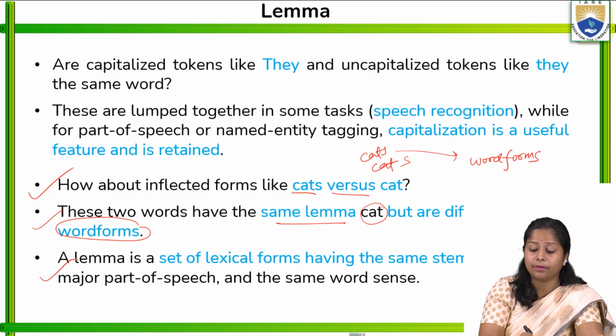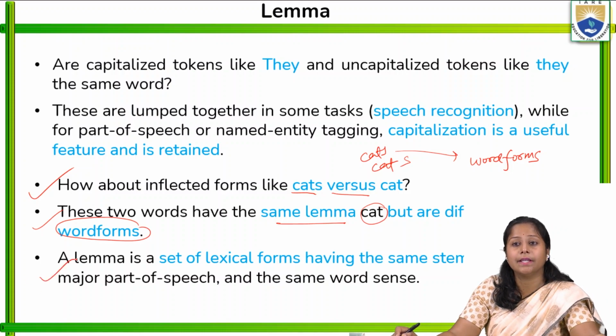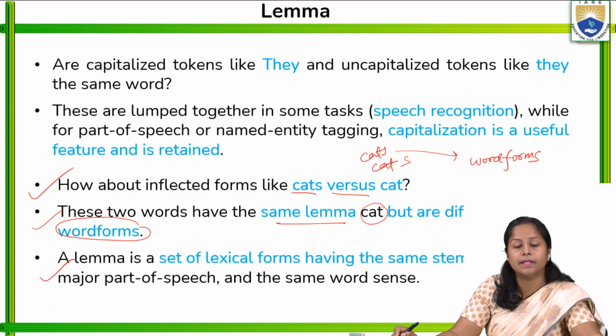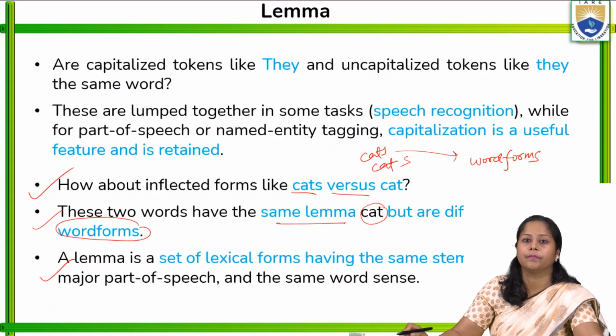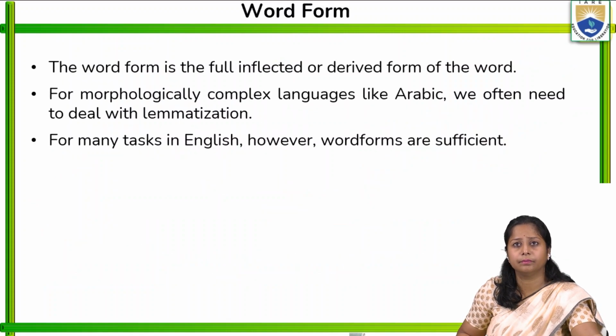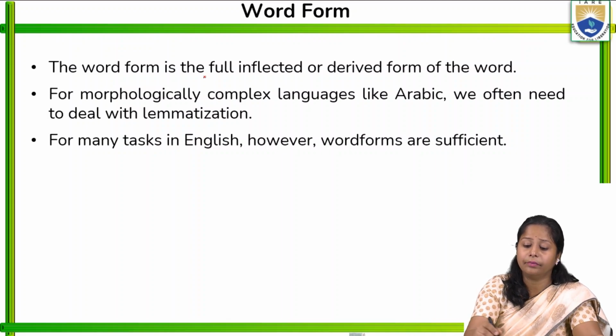A lemma is a set of lexical forms having the same stem, major part of speech, and word sense. So it has the part of speech and the sense of the words together, right? That is a lexical form of the language. Now what is a word form? Basically, a word form is the full inflected or derived form of the word.